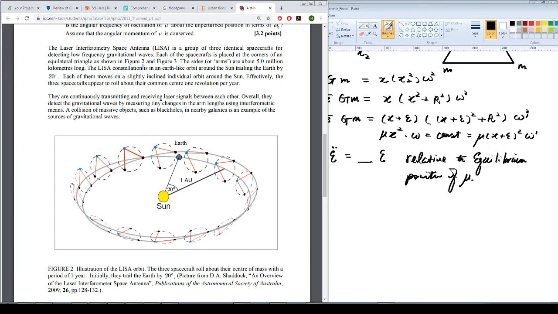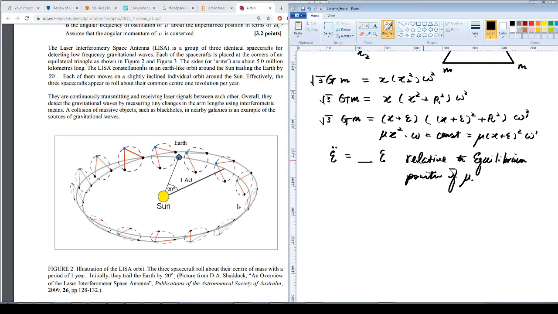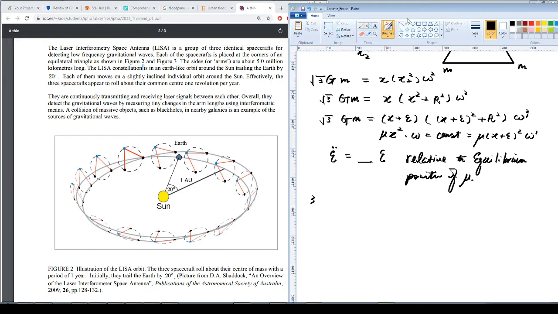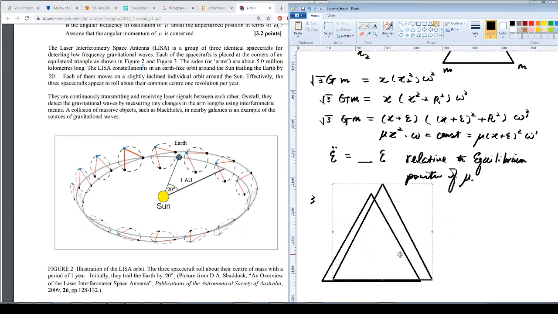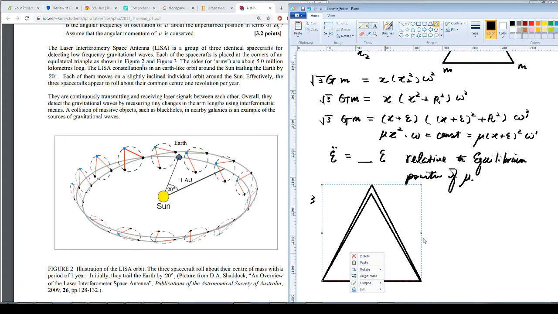Okay, so let's continue. By the way, you can still do the traditional approach. The traditional approach would just be imagining you have a slightly, let me exaggerate this, you have a slightly different position.